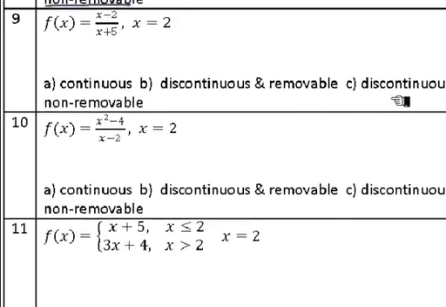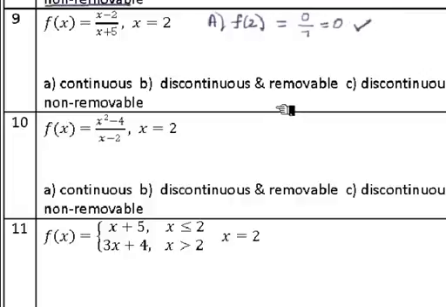Okay, let's look at number 9. We want the limit as x goes to 2. Well, let's first do f of 2. 2 is in the domain. 2 doesn't make the denominator 0. It makes the numerator 0, but not the denominator. f of 2 is equal to, if you substitute in, 0 over 7, which is 0.